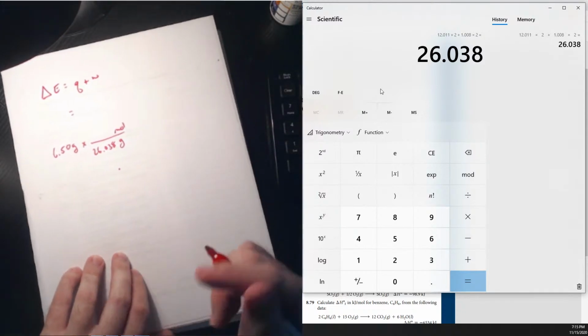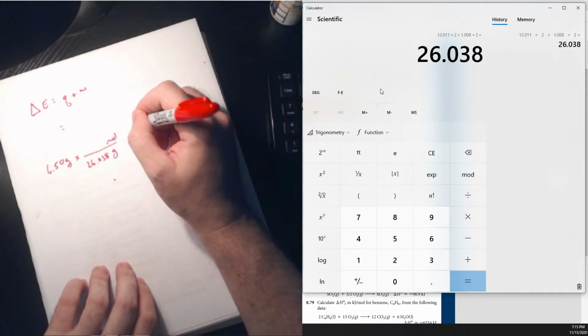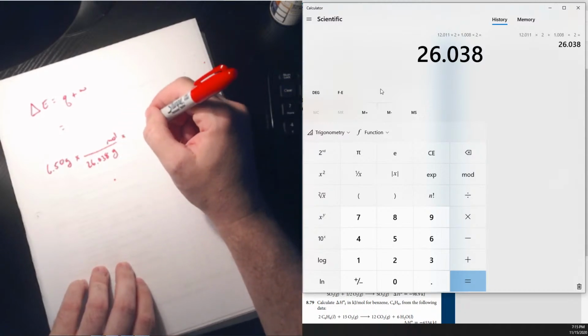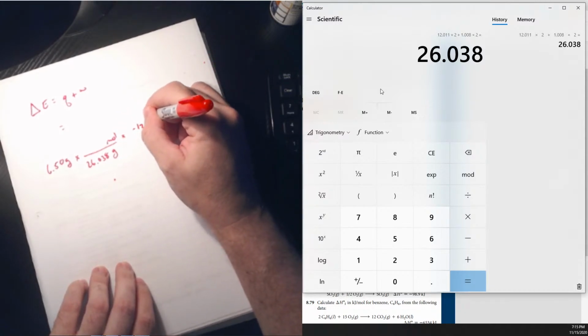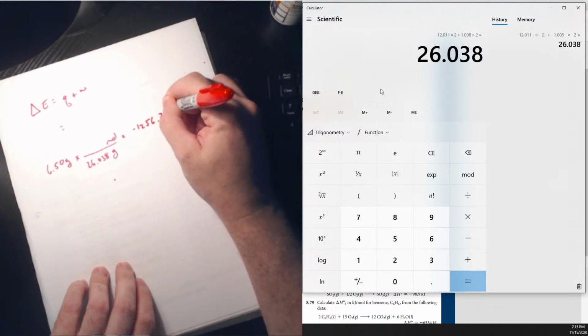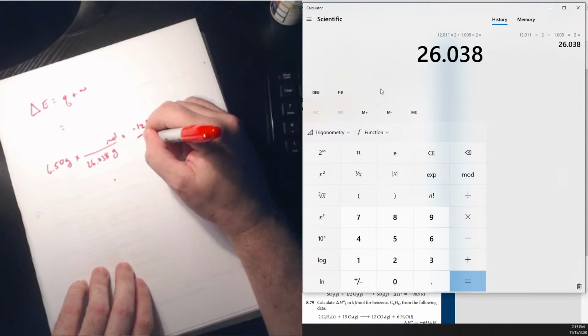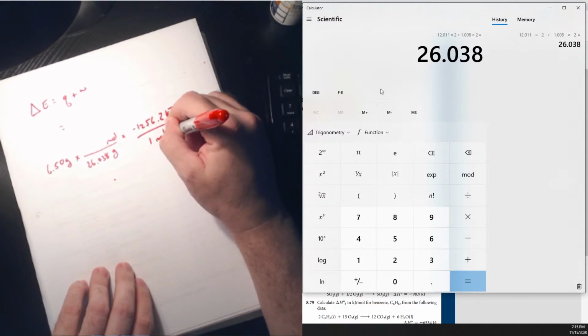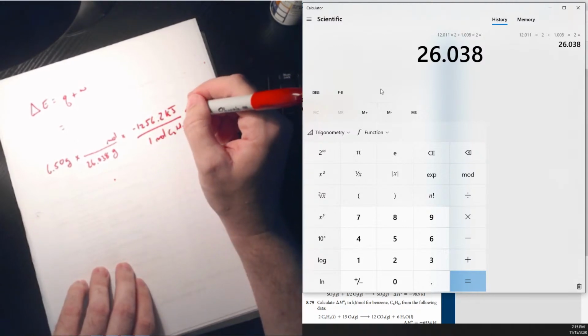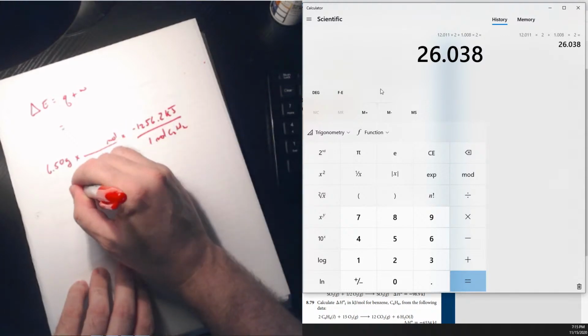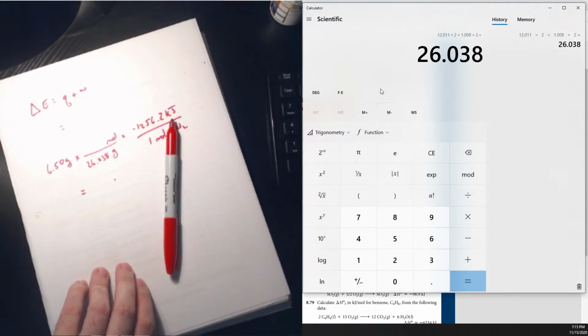That gets us our moles of acetylene times negative 1,256.2 kilojoules per mole. The balanced reaction has 1 mole of acetylene per 1 mole of acetylene, so that makes it simple. And that gives us our Q.